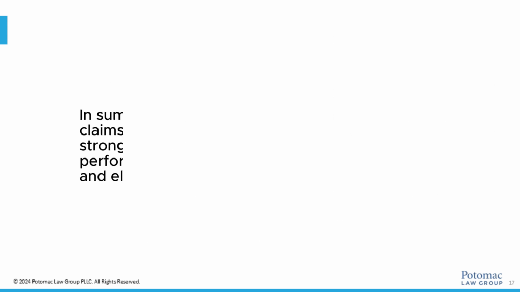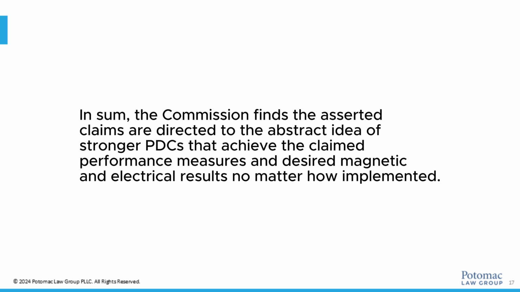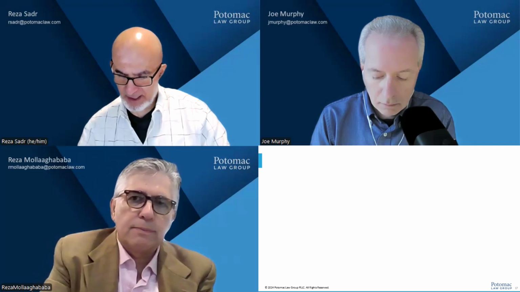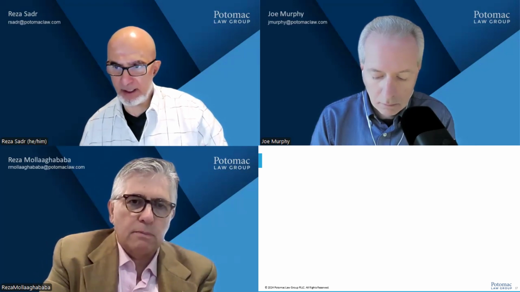In sum, the Commission finds the asserted claims are directed to the abstract idea of stronger PDCs that achieve the claimed performance measures and desired magnetic and electrical results, no matter how implemented. That's the way they have characterized and stated the abstract idea.